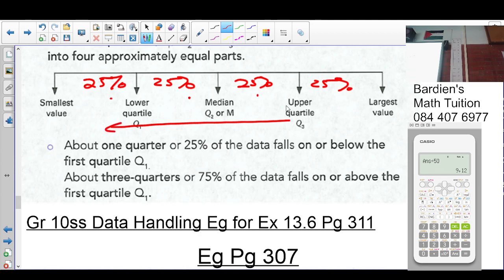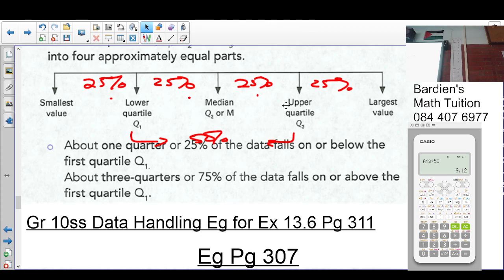So this is going to be 75% of the data, and that side is going to be 25. Of course, it's going to cover your 100%. So how much of the data is lying between quartile 1 and quartile 3? 50%. Can you see? Approximately 50% of the data is lying between those two quartiles.